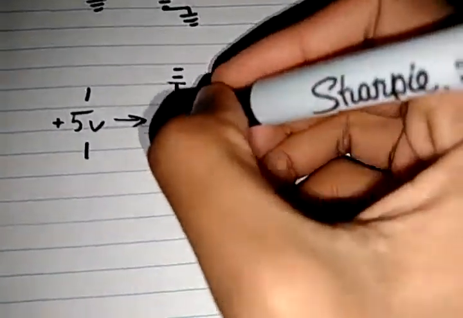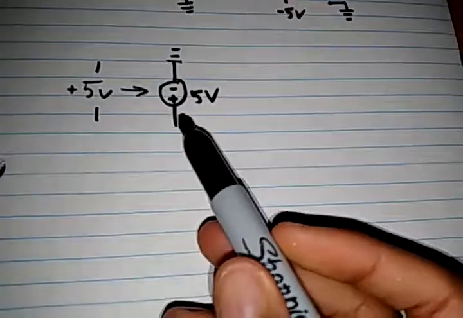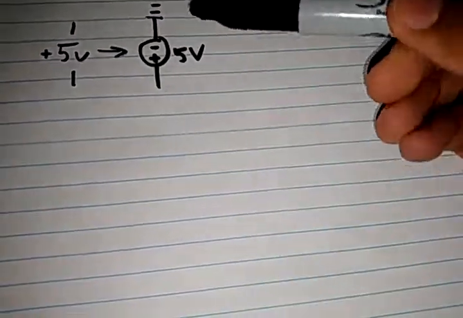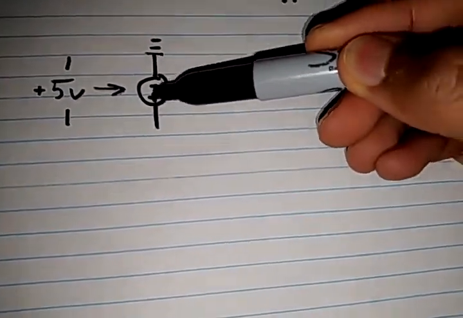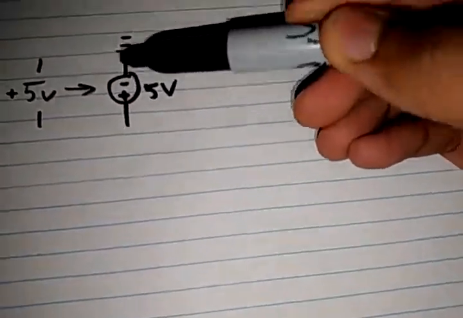If you look at this with the plus and minus here, these two are the same. Plus 5 volts over here is equivalent to the notation written in this way. We have a plus 5 volts at this side, and this is ground relative to 0.